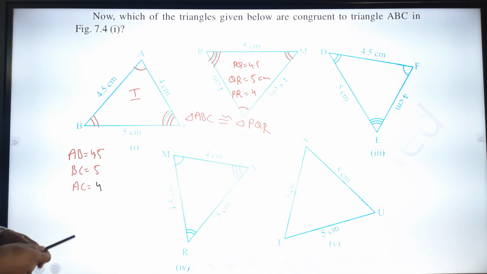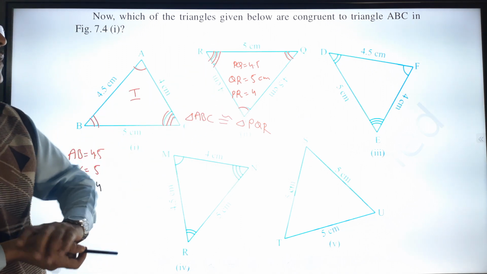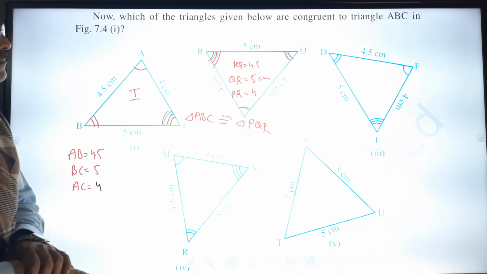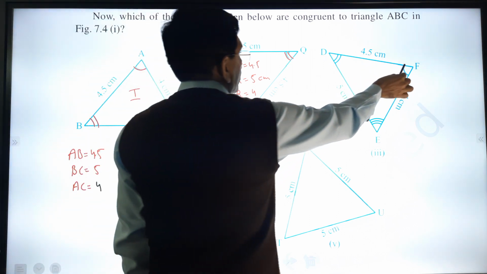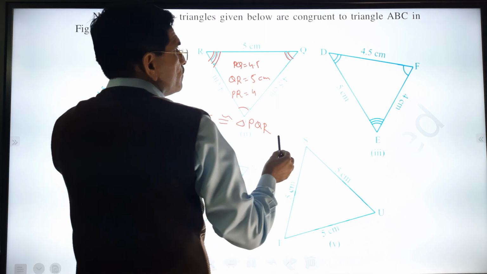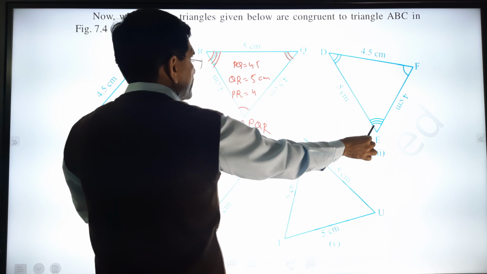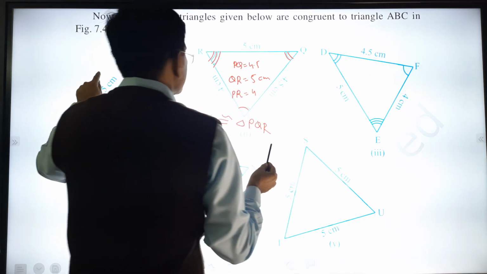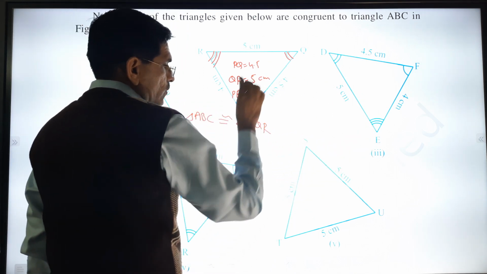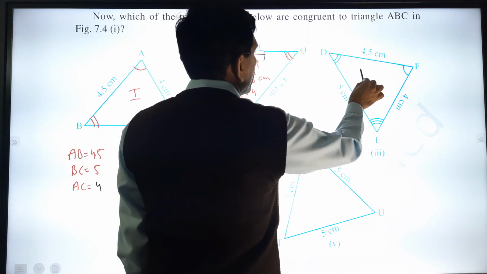Now you can identify one or more, but you have to write the proper sequence. That is important. The name of a triangle is important. See now, F is equal to A, D is equal to B, and E is equal to C. Now FD we can say is 4.5, afterward 5, and AC is 4. So for the third, we will name it like that.